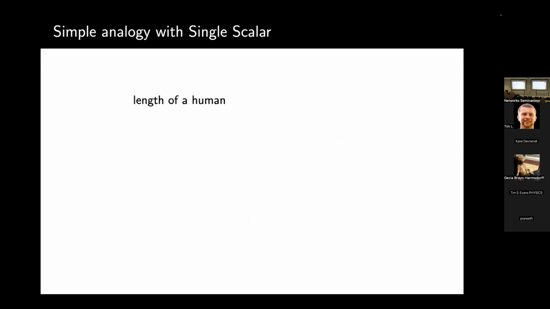So indulge me a little bit. To illustrate my point, I'm going to use an analogy with a single scalar. Suppose you are an alien studying human heights, and you want to describe the distribution of human heights in a meaningful way. With summary statistics, the first thing you might give me is the mean, and that's the first moment and the first cumulant.